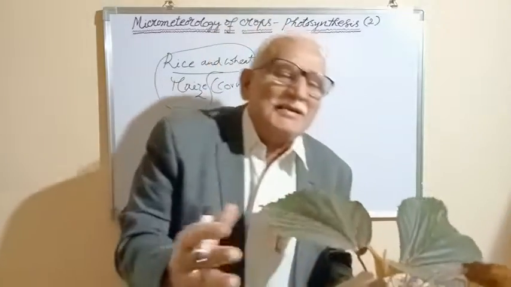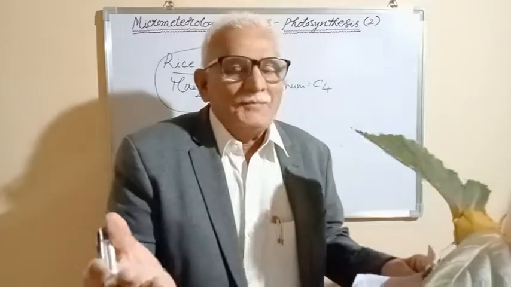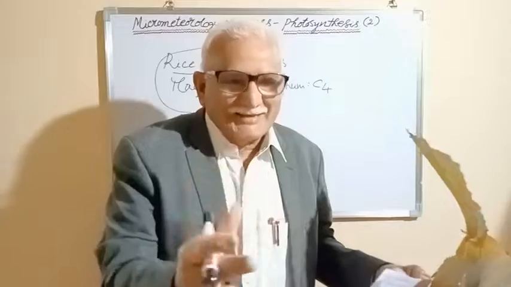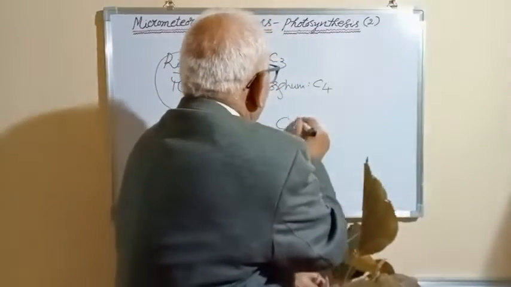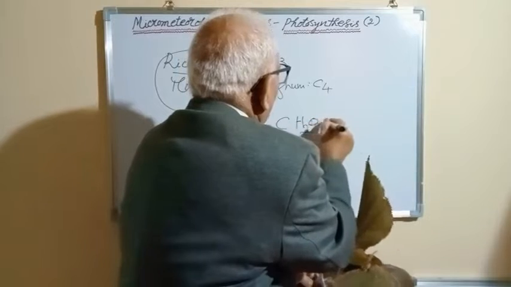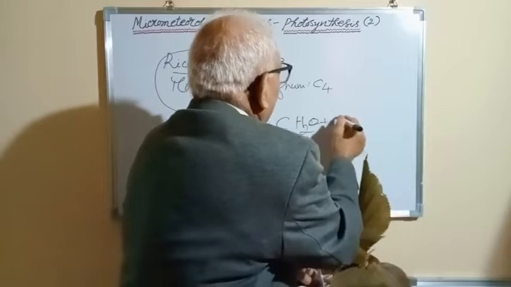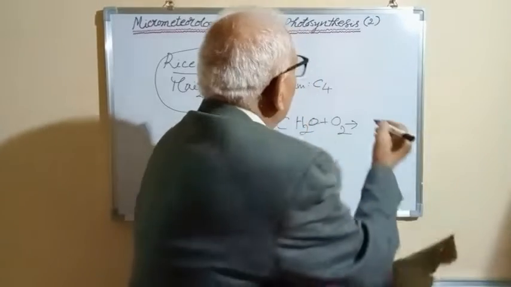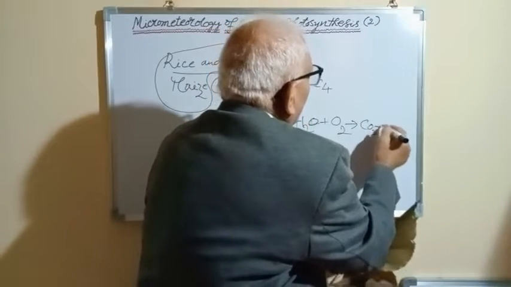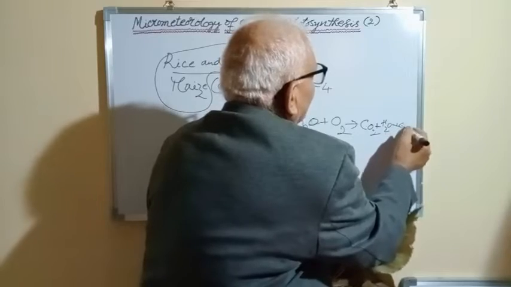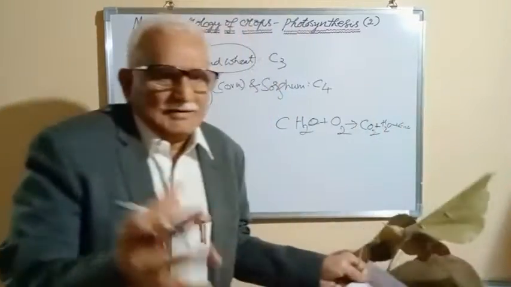Exactly the reverse happens in respiration. CH2O, the energy that is available, plus oxygen is taken, and what we get out is, in a simple equation, CO2 plus H2O plus energy. This is the respiration process.